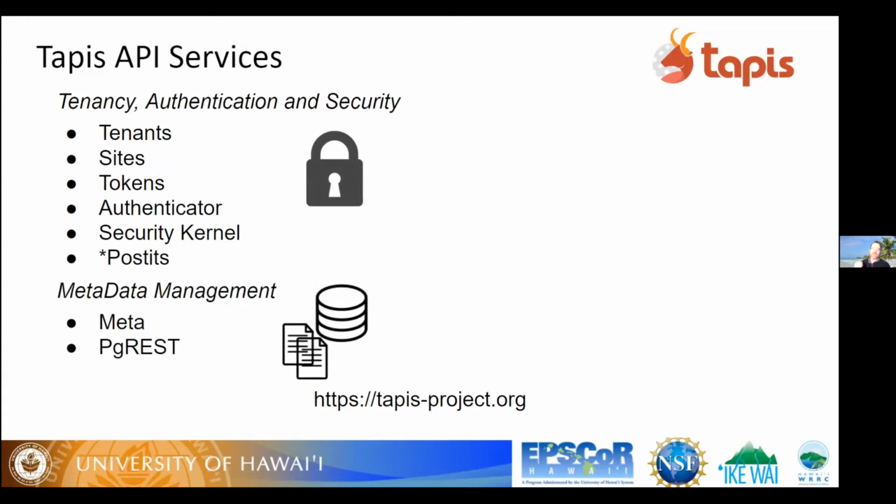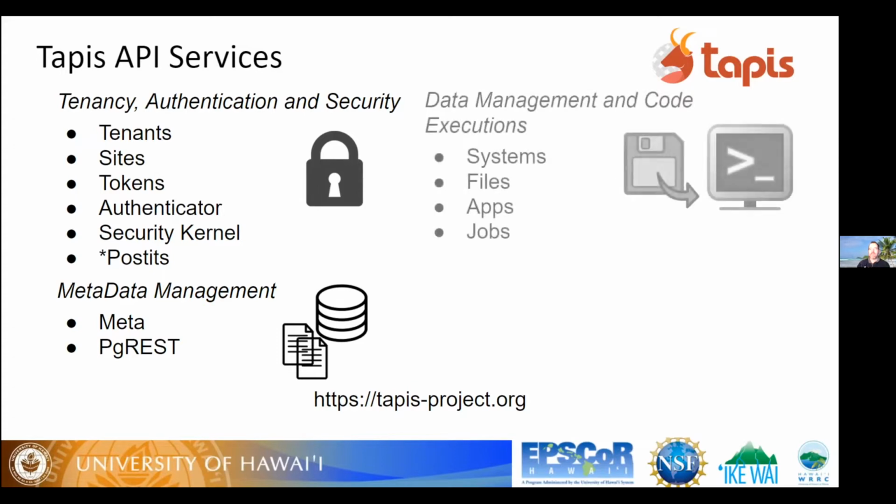There's a MongoDB service that we call metadata, and then there's a Postgres service called PGREST for storing JSON documents and doing database-like things. We have data management and code execution APIs, so being able to register storage systems, which we'll do today, as well as execution systems like our HPC system or other lab computers or things that you're going to execute on clouds, stuff like that.